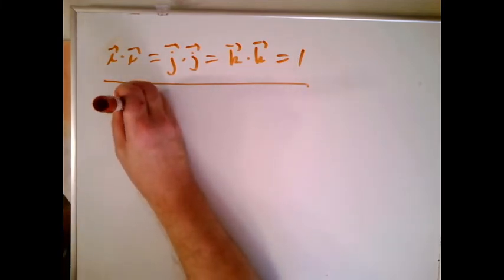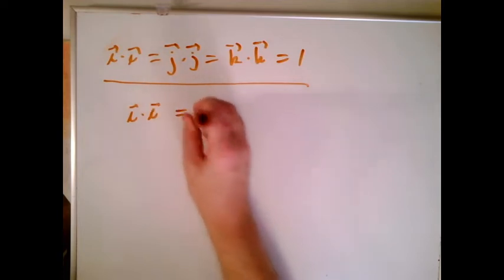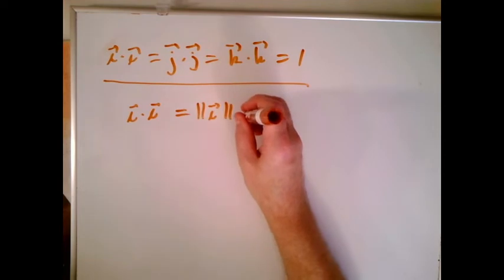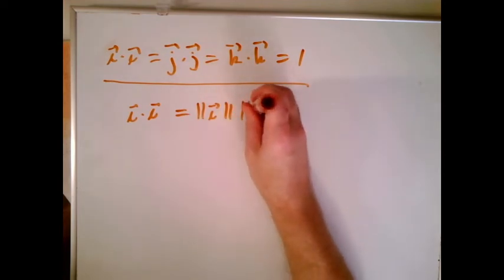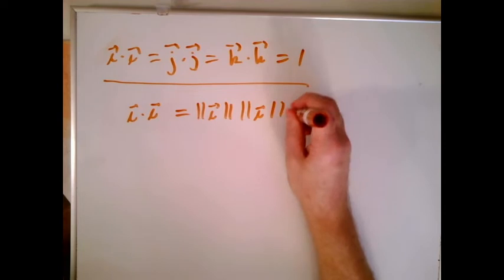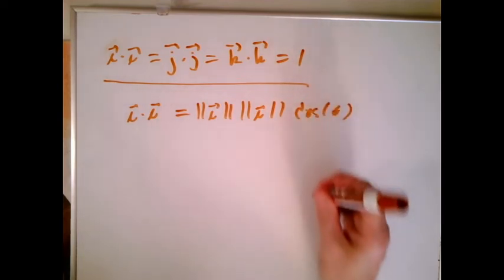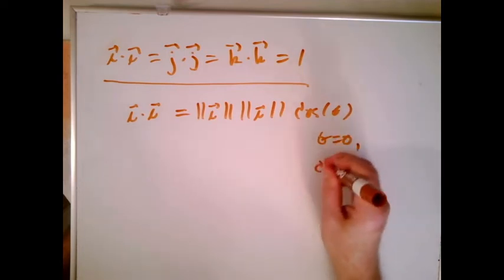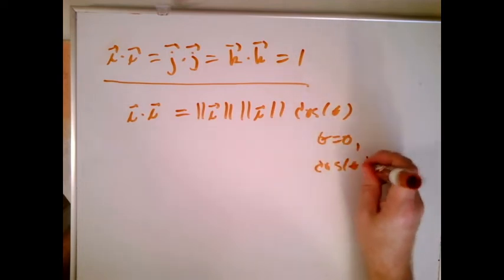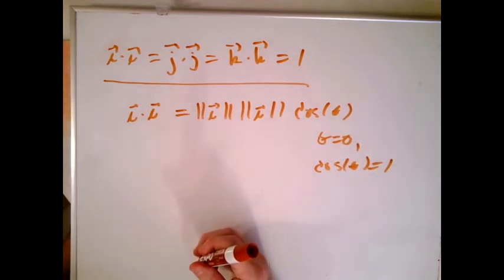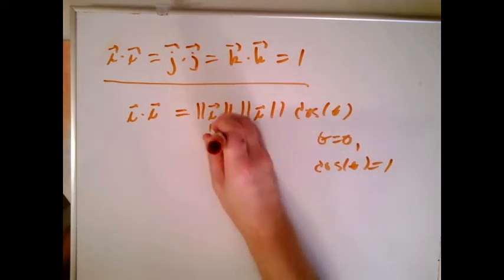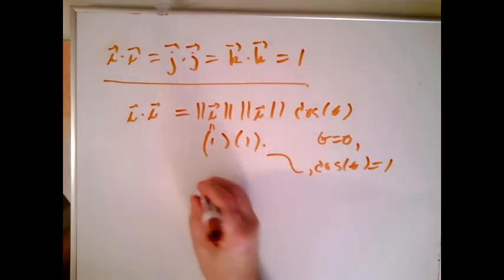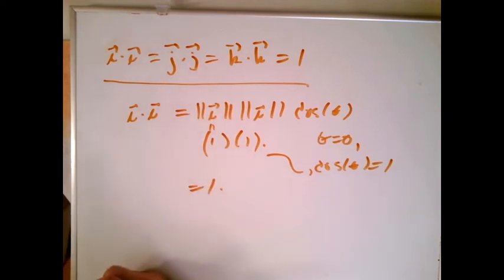If I want I dot I, that's supposed to be the length of I times, remember this is just ordinary multiplication, length of I times the cosine of the angle between I and I, but theta equals 0 here, so the cosine of theta equals 1, and I is defined to be a unit vector, so this is 1, and this is 1, times the cosine of the angle between them, which is also 1, and so we get that I dot I is 1.